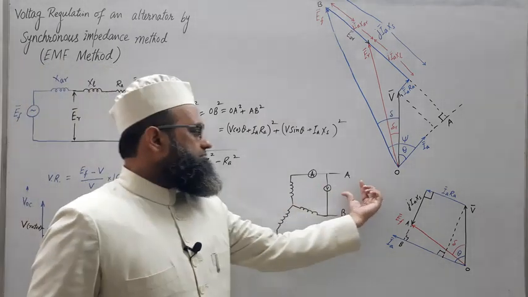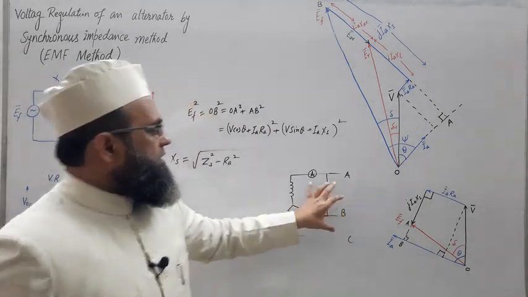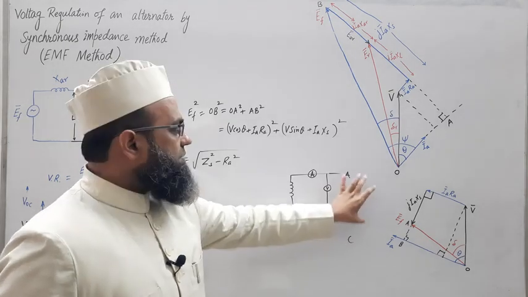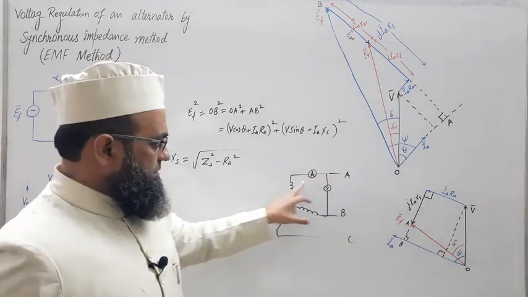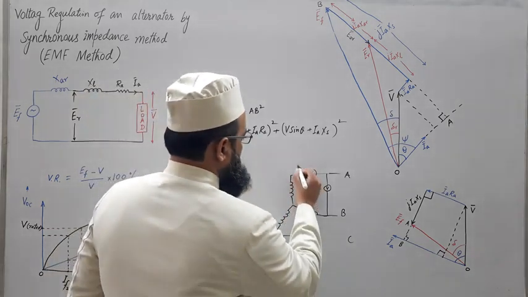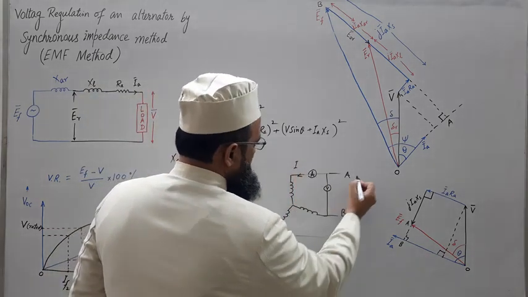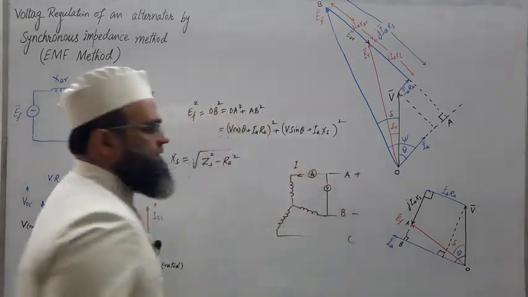Supply will be DC. Measure the potential drop and current. Let us say current I is flowing. This is plus, this is minus.